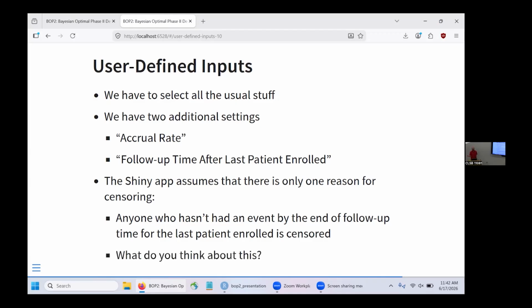I don't know, do you have thoughts on that? I'm curious if you do. Yeah, so ideally we should incorporate a censoring process. But in this setting, we assume administrative censoring at the end of the trial.